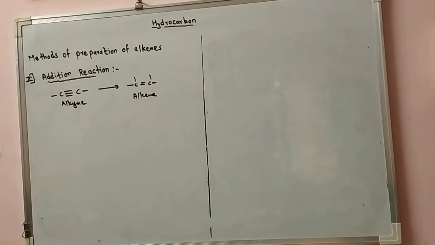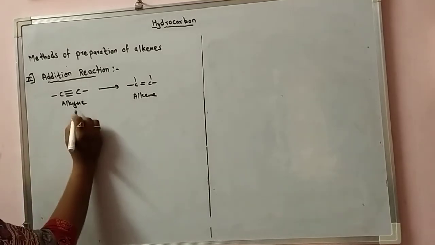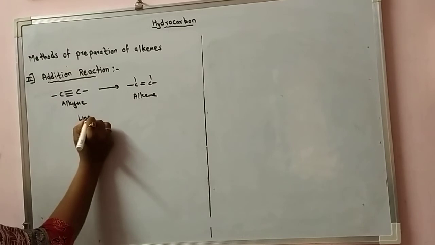Carbon-carbon triple bonds, or alkynes, can be partially reduced to carbon-carbon double bonds. It is partially reduced with a calculated quantity of dihydrogen in the presence of a specific catalyst, Lindlar's catalyst.